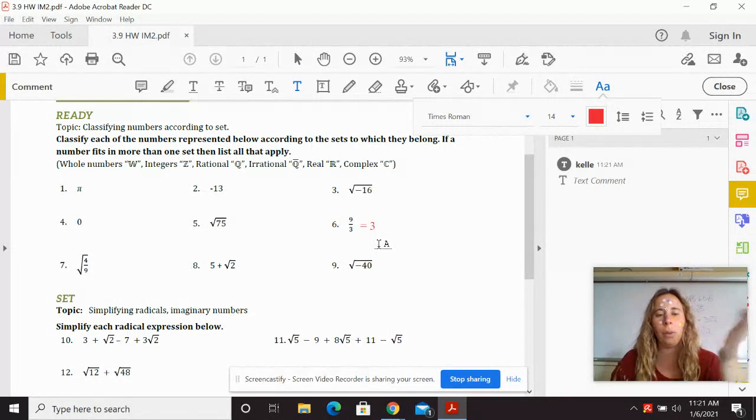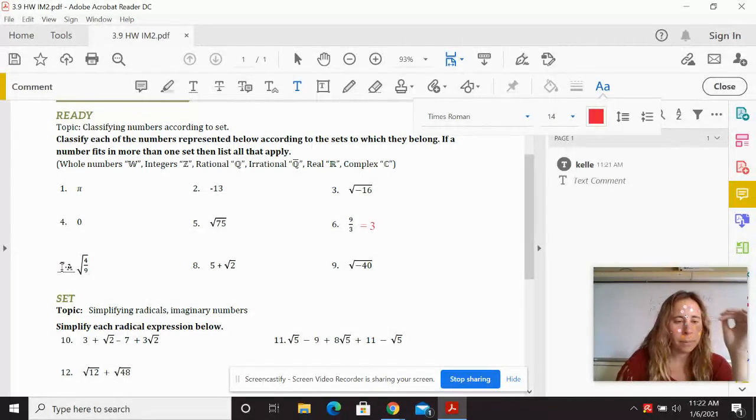So then you would classify 3. 3 is a whole number, 3 is an integer, 3 is rational, and 3 is real. You can either write it out or you can put the little symbols. So it would be W, the Z thing, the Q thing, and the R. What else?